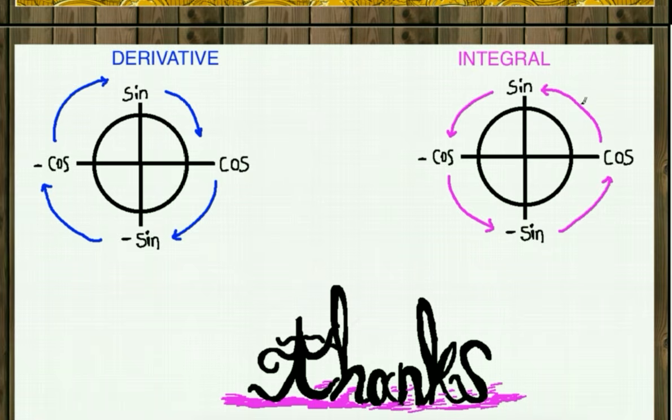If you go anti-clockwise, you get the antiderivative of the function. So for the integral of cosine, you have to go anti-clockwise to get sine. And the antiderivative of sine is negative cosine.